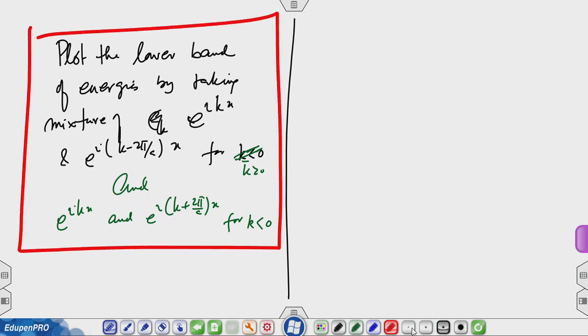Only the lower band, and what you will get is something like this.